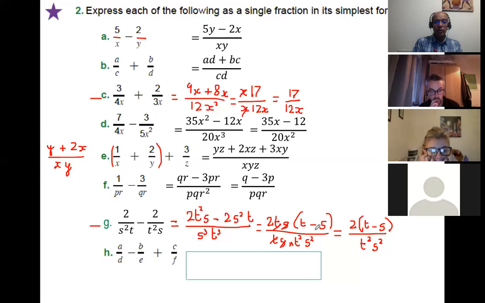The next one, the way we did it was to find x cubed. So again, that was cross and smile, and we've simplified. And the last one, you would treat that first, you would do a over d minus b over e, and that would be ae minus bd divided by de.